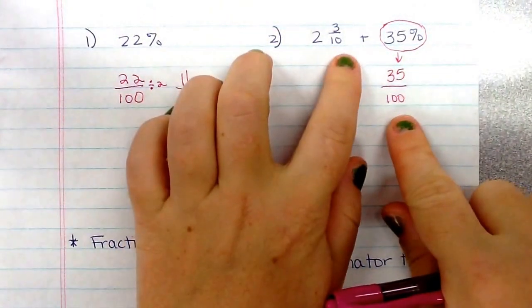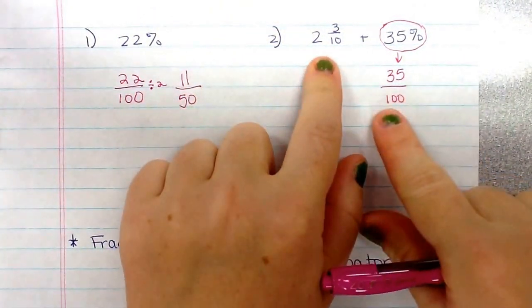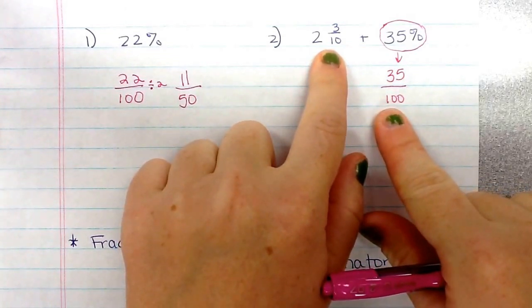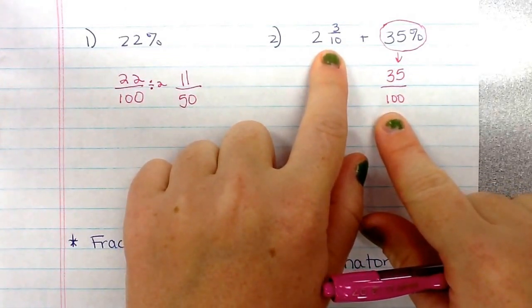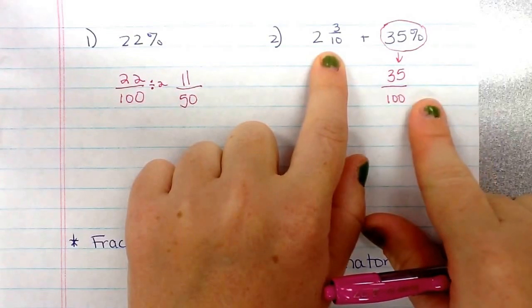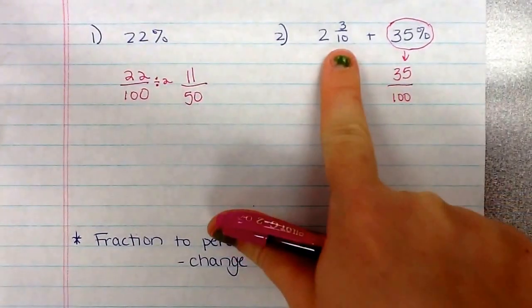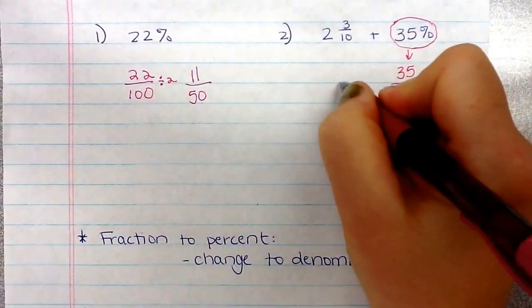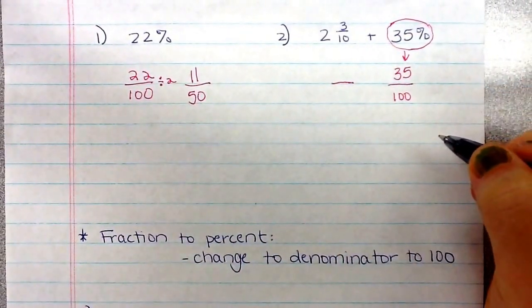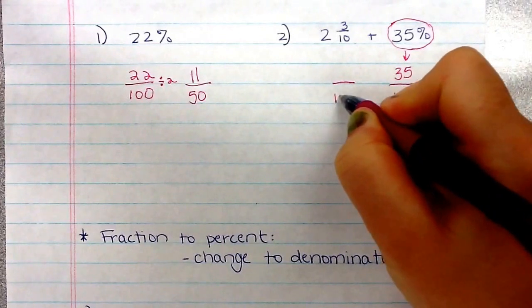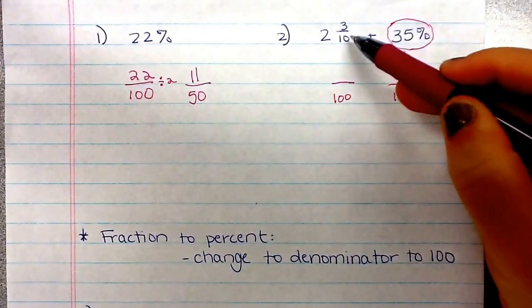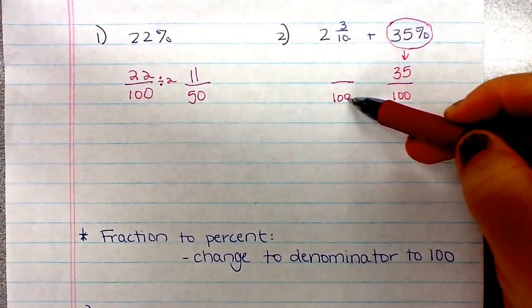Now, I could either simplify this or I could make matching denominators. Let's make our shoes match. Okay. It doesn't matter if you simplify first or make your shoes match first. I know I can easily make 10 into 100. So let's make our shoes match. Get common denominators. What do I have to multiply 10 by to get 100?